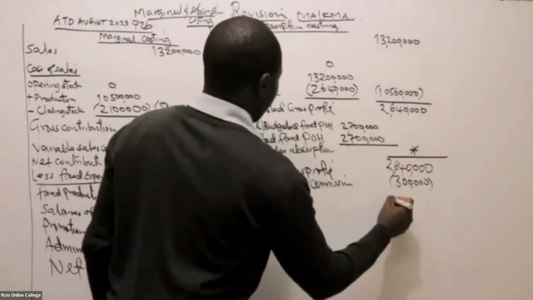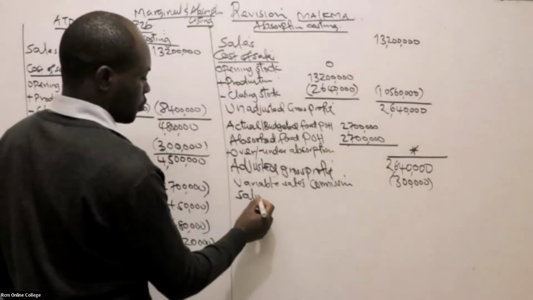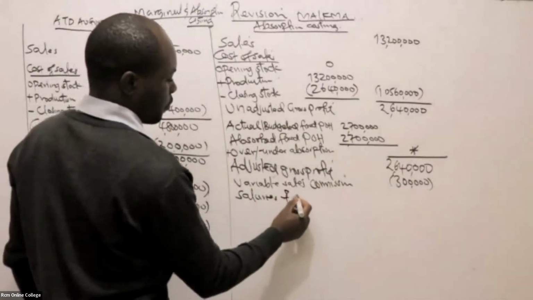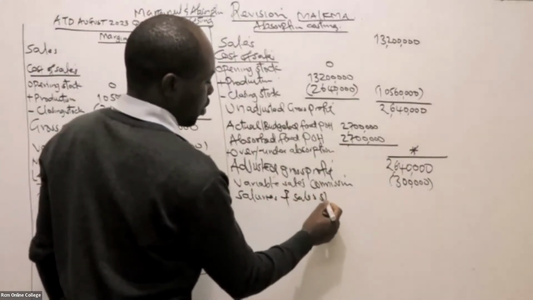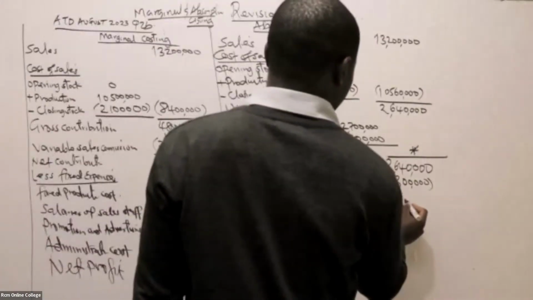Right? Then we go to salaries of sales staff. Tuko na ngapi? 450,000.